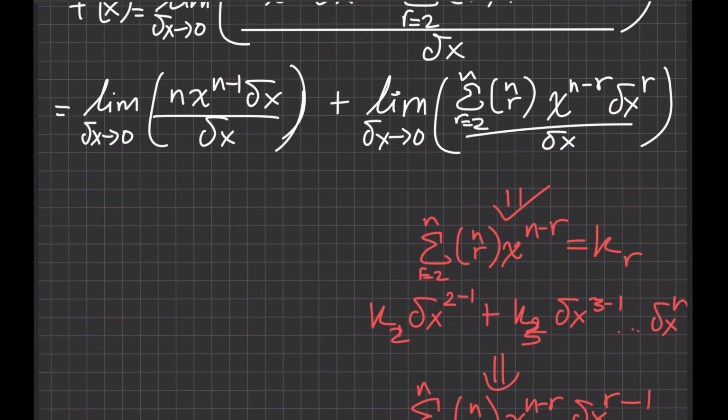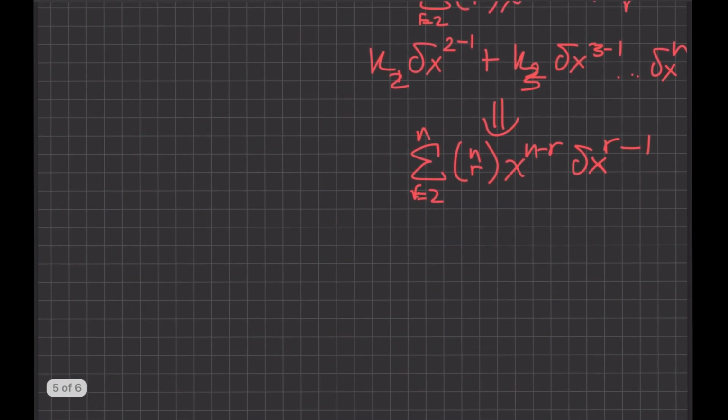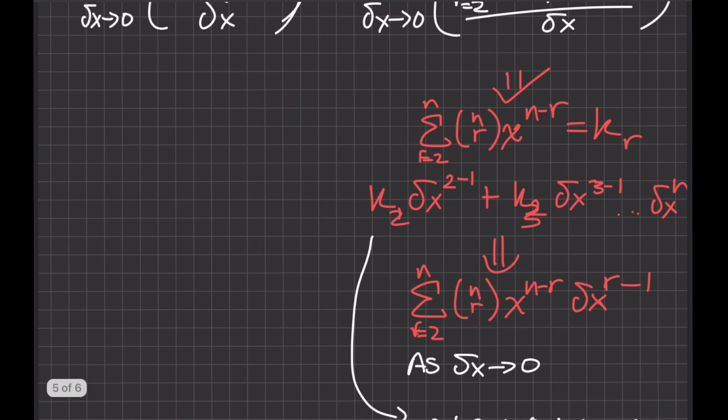And one thing you can do is then when you take the limit, all of these dx's are non-zero, which means that as we take the limit to dx is equal to 0, all of this would equate to 0. Now let's look here.